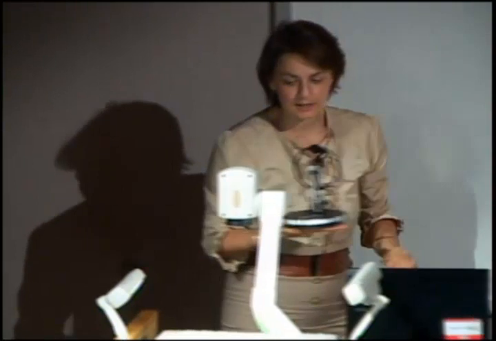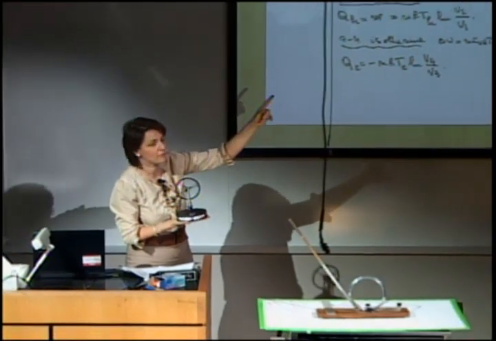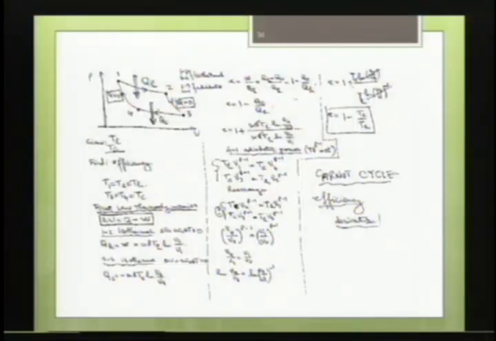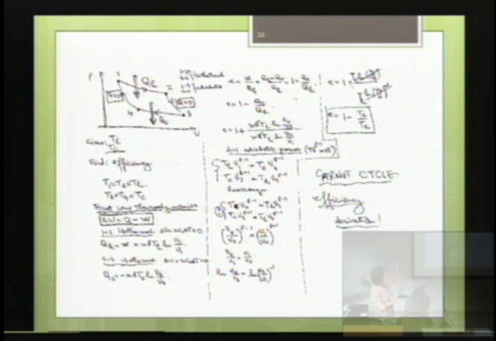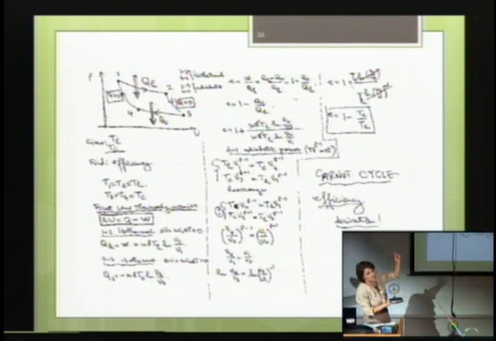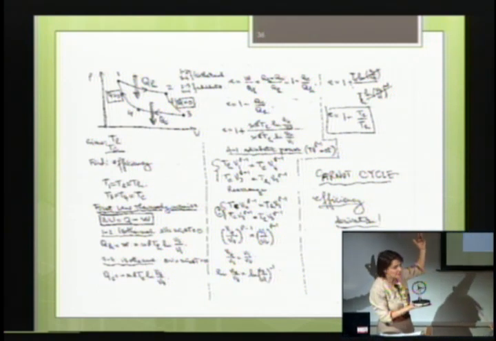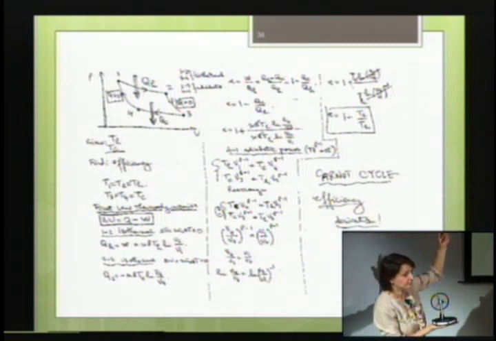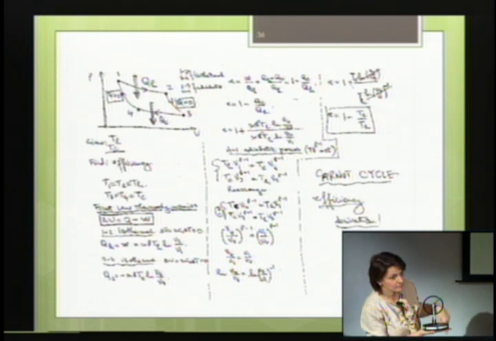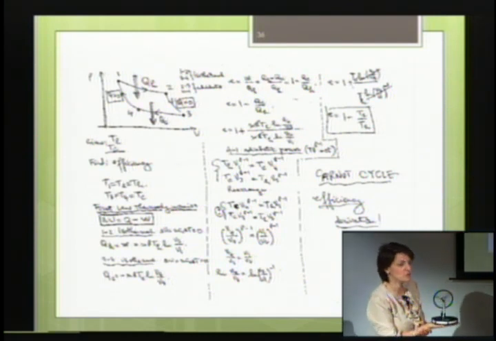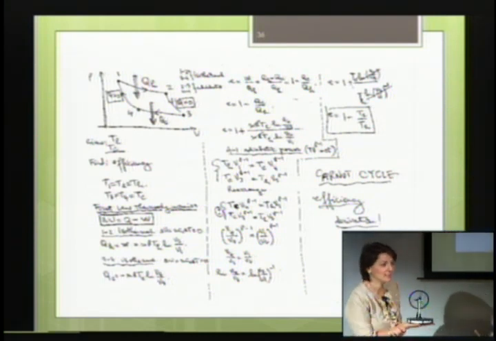I really wanted to show you that the Carnot cycle, you see there in a box, I have the final formula for the efficiency of the Carnot cycle. What does it say? What kind of transformation process is 1, 2? Isothermal, which means what is kept constant?